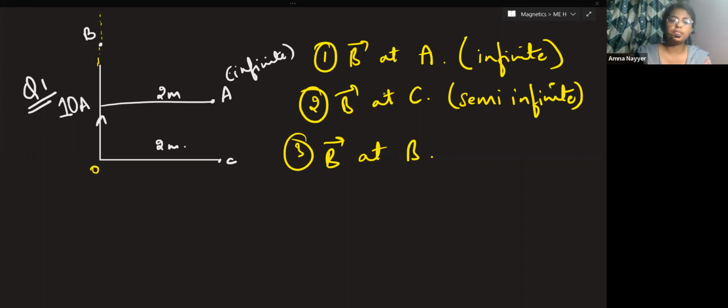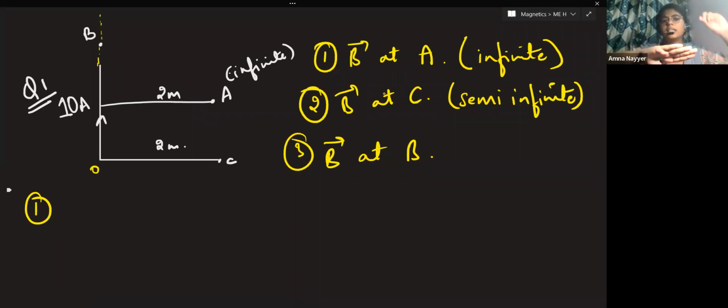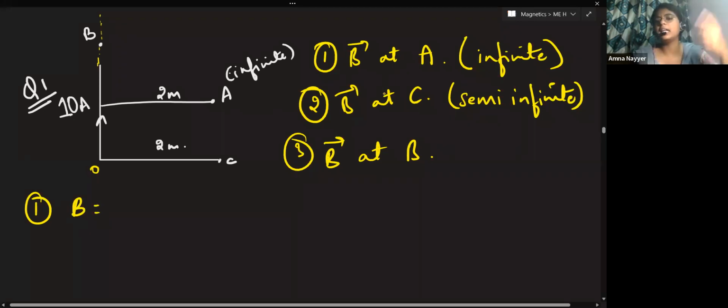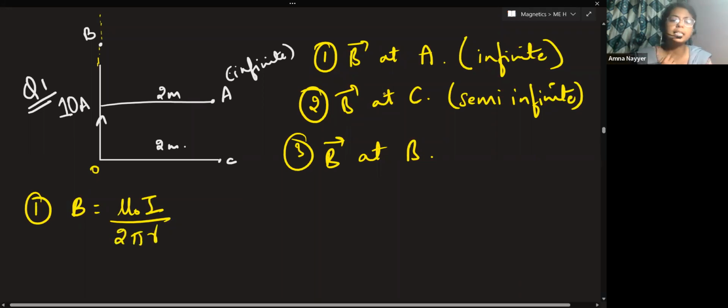See, class, let's discuss just the first part. Forget the C part, forget the B point, forget anything. For you, it's a long infinite wire. At point A, you are calculating the magnetic field. The formula of magnetic field for an infinitely long wire is mu naught I divided by 2 pi r. Mu naught is 4 pi into 10 to the power minus 7.